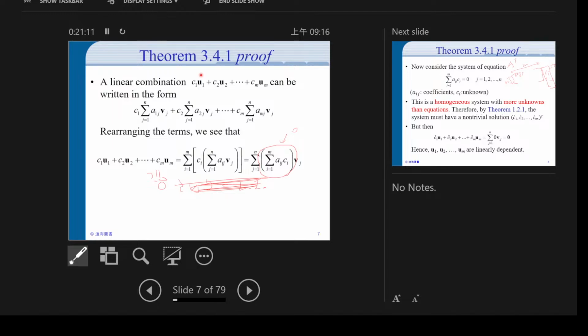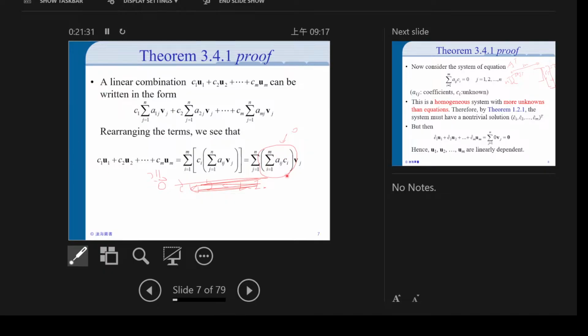Because this is actually a constructive proof, we are solving this to find a non-trivial solution such that the linear combination of u equals 0. We are trying to solve this equation for a non-trivial solution for c_i.